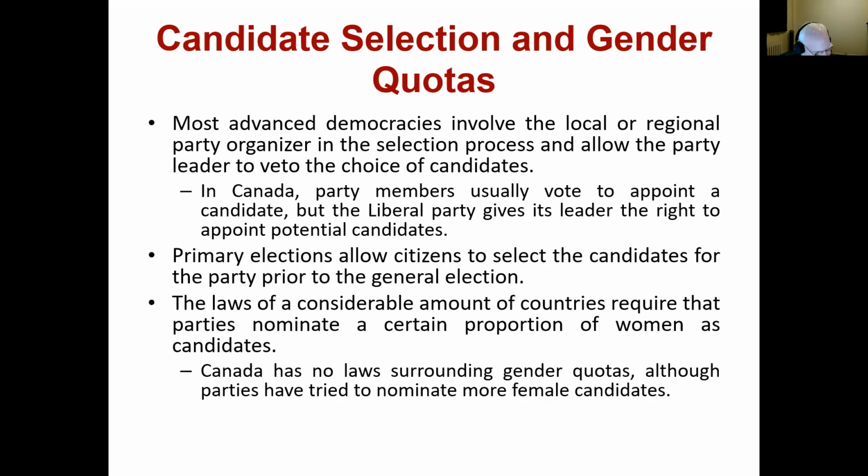Primary elections allow citizens to select candidates for the party prior to the general election. That's what we have in the US, where there's a primary election. For example, we saw recently the Democratic primaries, where a large number of people were running for leadership of the Democratic Party.